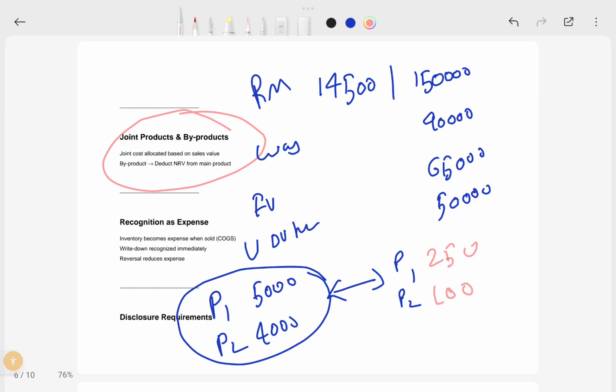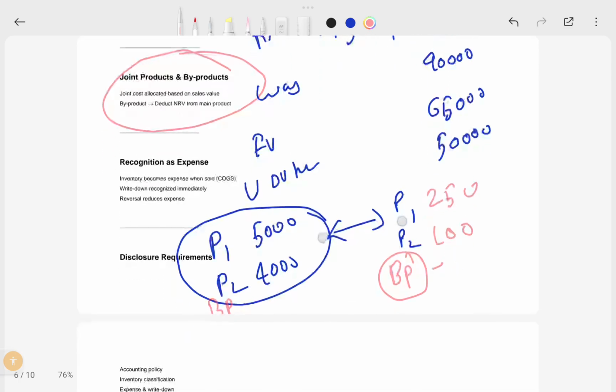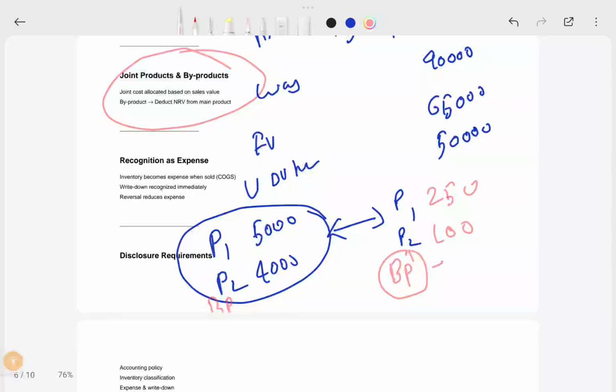Apart from these 2 products, there is one byproduct. It will come in the production process. We didn't give the byproduct cost, because all these costs are included for this, right? They have produced 2,000 byproducts. There is no closing stock in the byproduct.